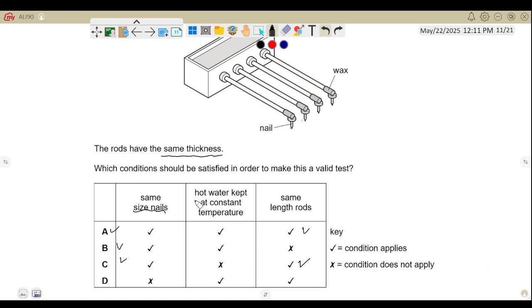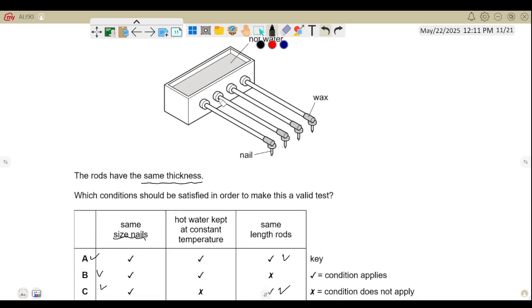But when we come to the hot water kept at constant temperature, when we keep this water at the same temperature, it means its thermal energy is not changing. At this point, maybe this wax wouldn't melt, so we wouldn't have any idea when this nail will drop. That means we actually need this water to be heated gradually or progressively.